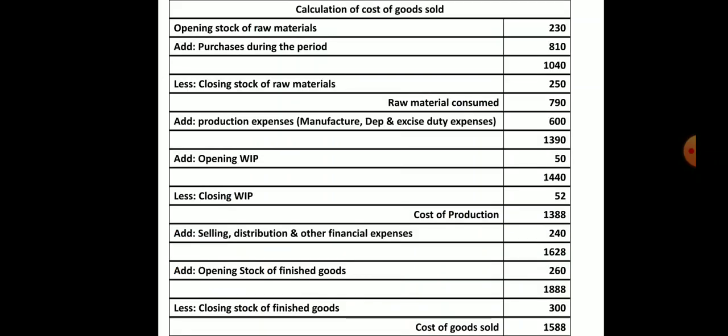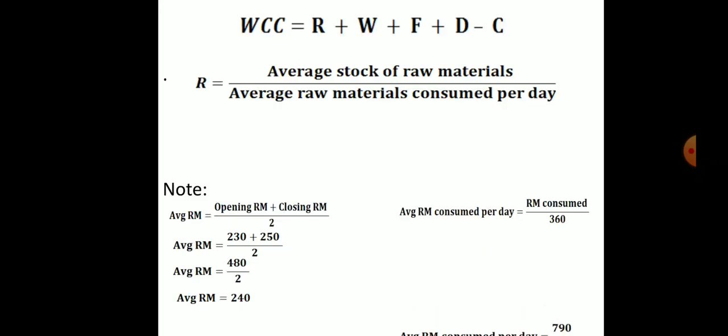So from the cost of goods sold table, what is the value of raw material consumed? At the top, we have considered raw material consumed is 790. So 790 is the total raw material we have used, and that value we have to take. So raw material consumed is 790 divided by 360.